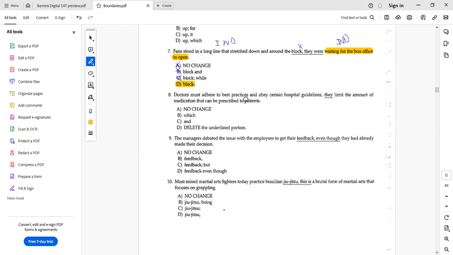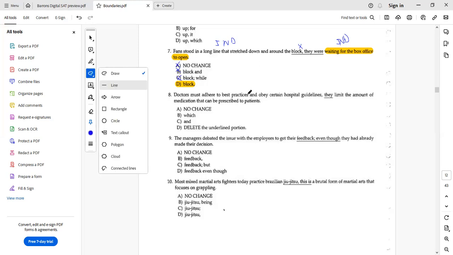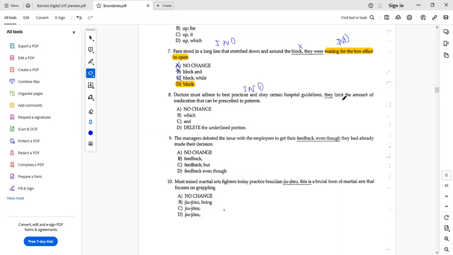So let's find the first one. He said doctors must adhere to best practices and obey certain hospital guidelines. Independent. Then here he said they limit the amount of medication that can be prescribed to patients. Another independent. So between them, a comma is wrong.